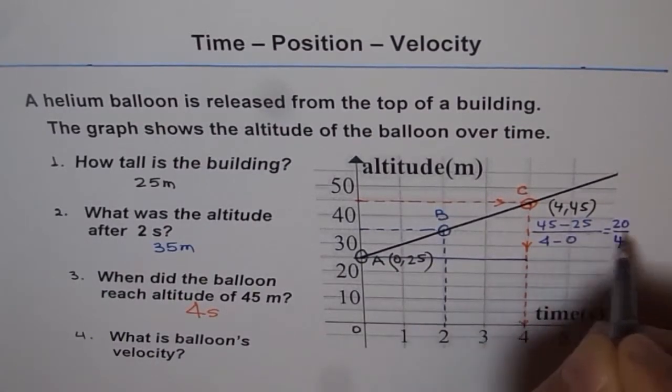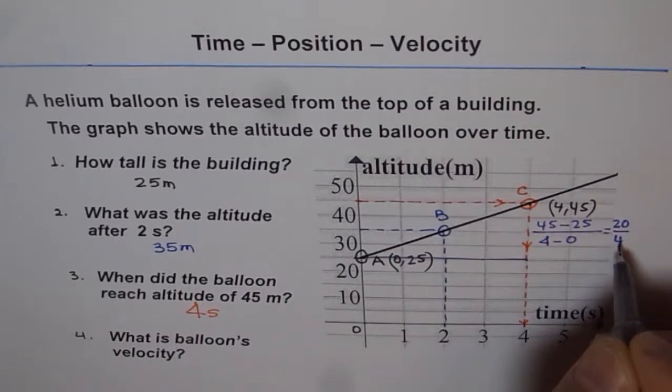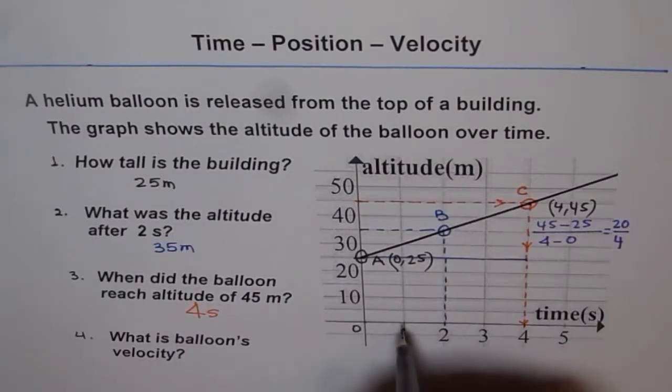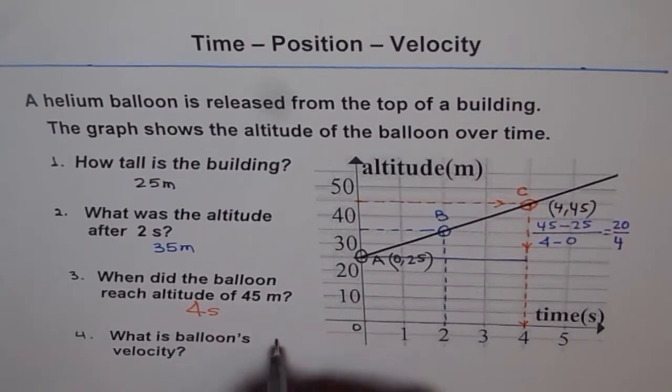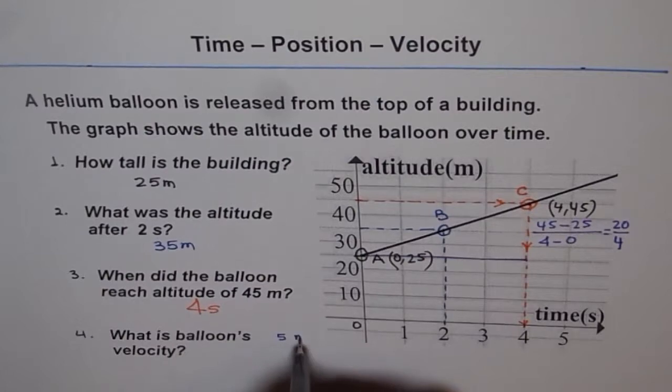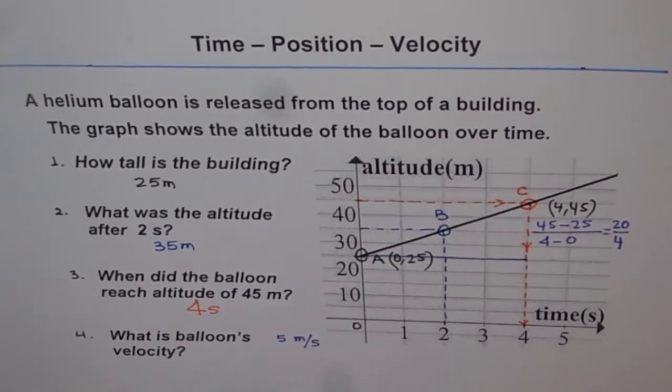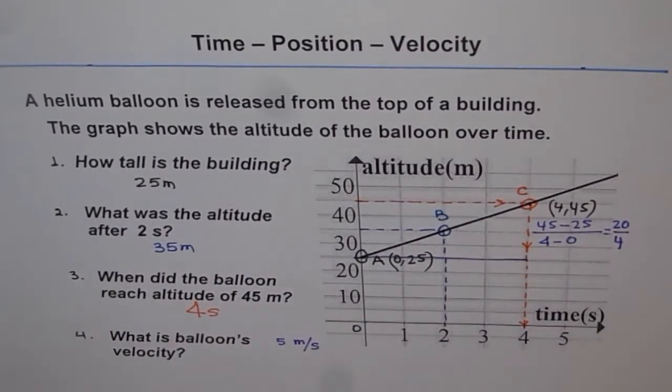So 20 divided by 4 gives us 5 meters per second. Every second it is going up by 5 meters. So the balloon's velocity is 5 meters per second. And that is how we calculate it, correct?